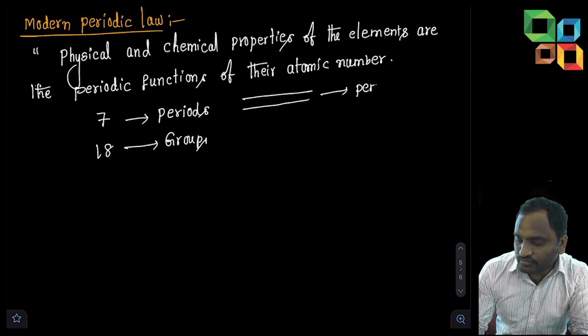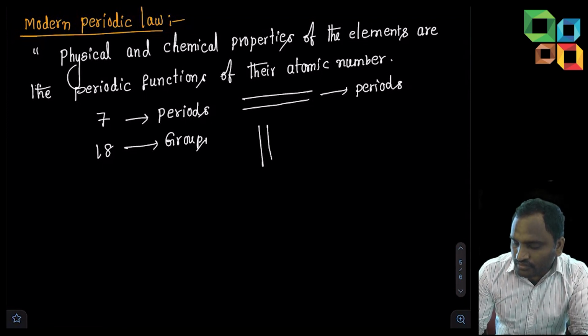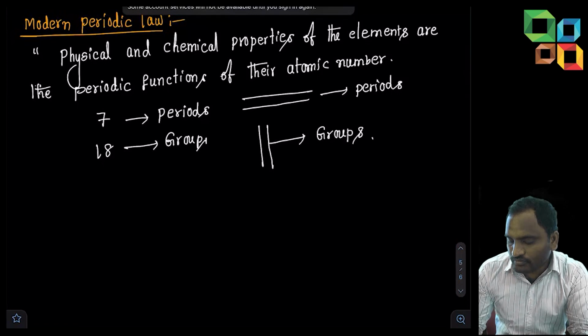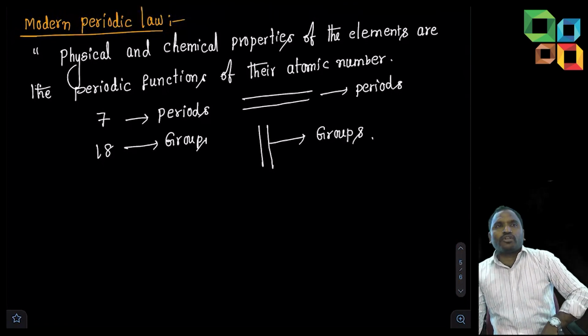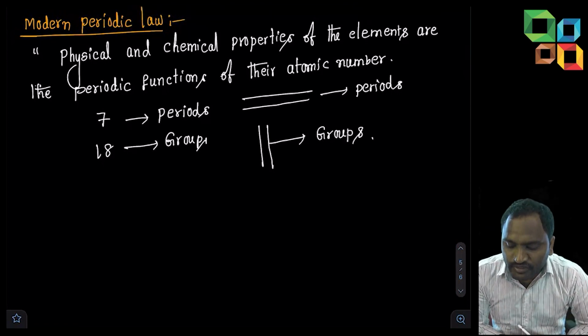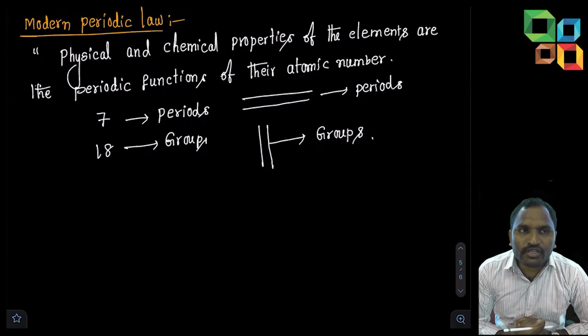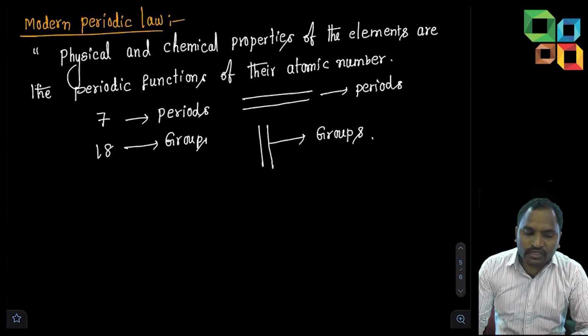So the modern periodic table contains 7 periods and 18 groups. So in that, we'll see about periods.